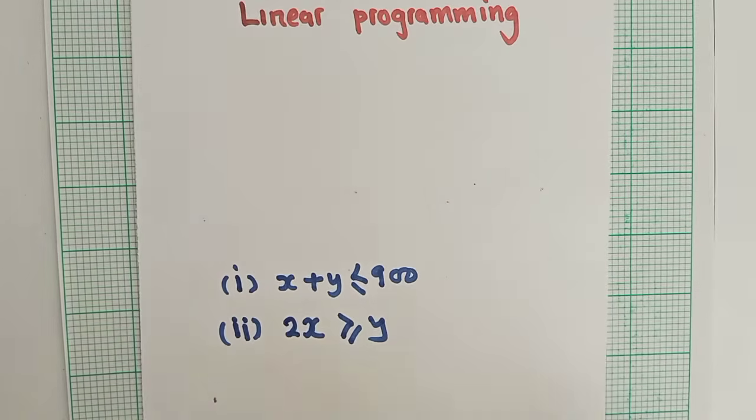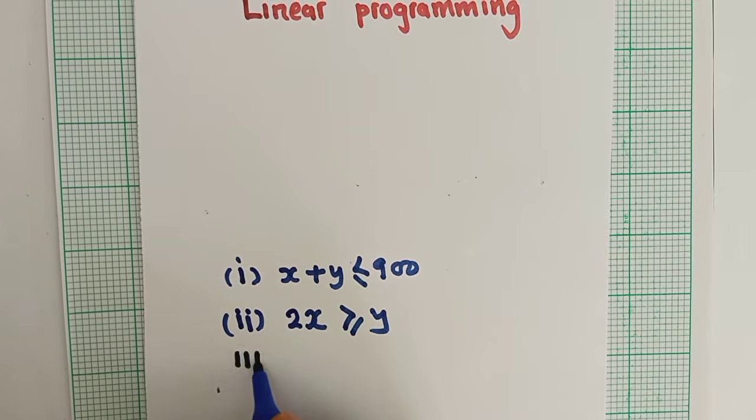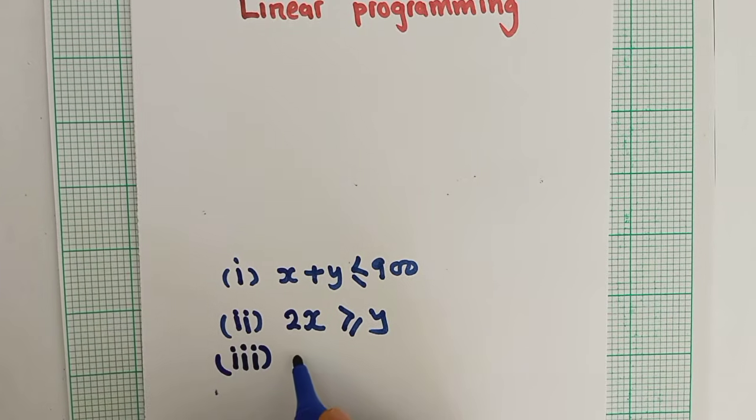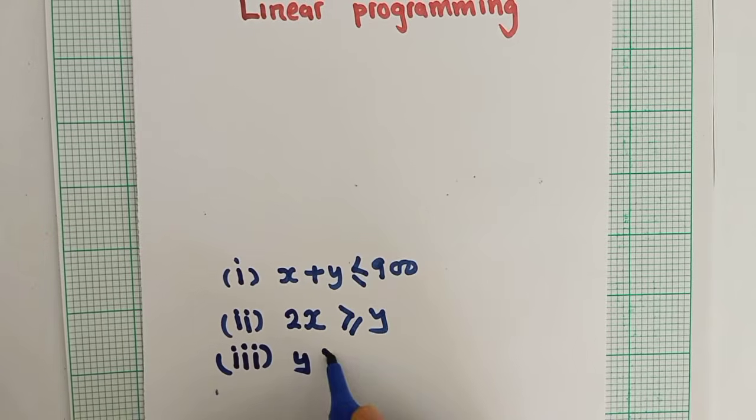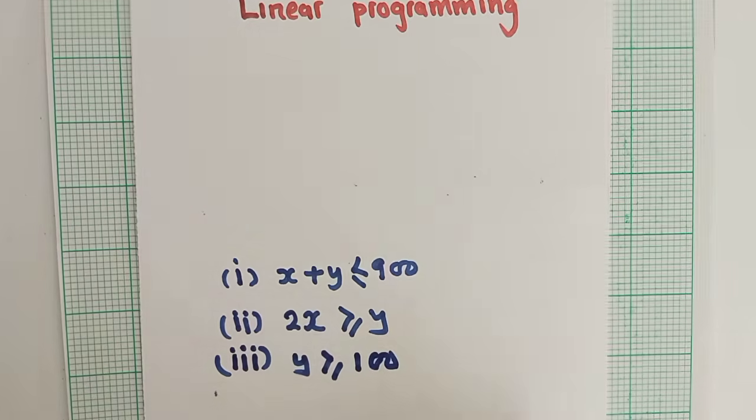The next one here, they are saying he wishes, however, to have at least 100 bottles of brand B. We know brand B is represented by Y. So we say Y, at least, is greater or equal to 100.